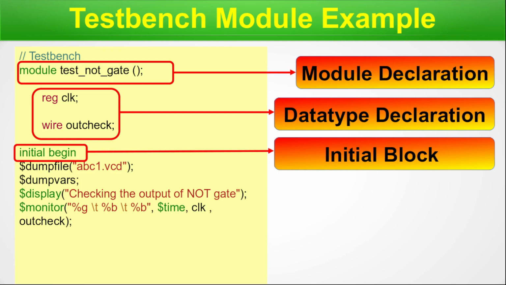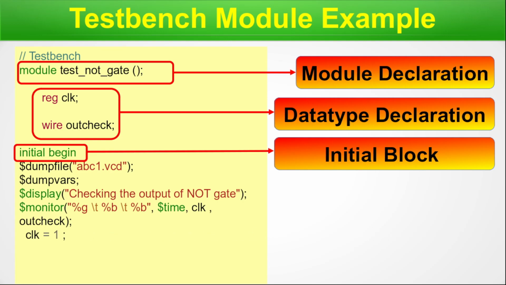The difference is that $monitor keeps on monitoring, and whenever any of these variables changes, it prints. So this $monitor will give a printout on the screen, and the dump part will go to the dump file. These are two ways: one is on the go, where you will see the output, and the other is archiving. The same data will be printed on the screen and will go to the VCD file as a permanently stored result.